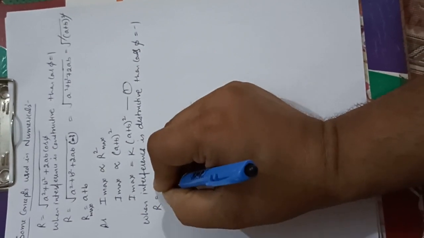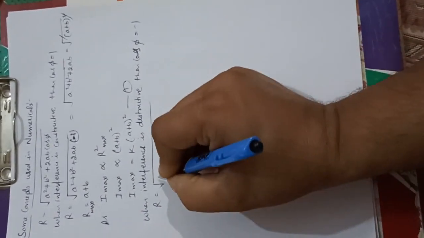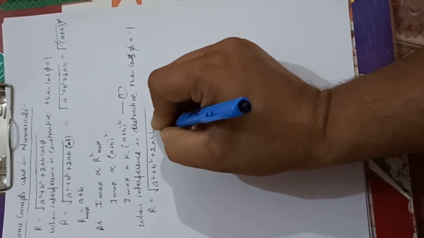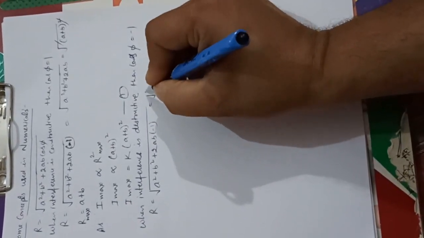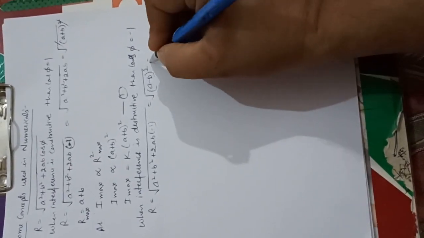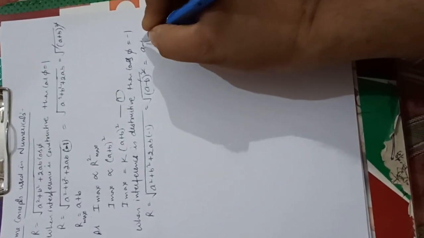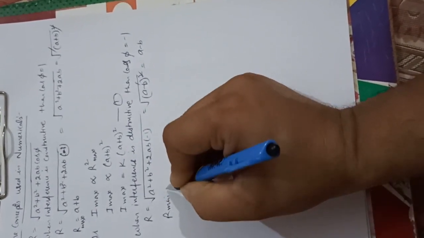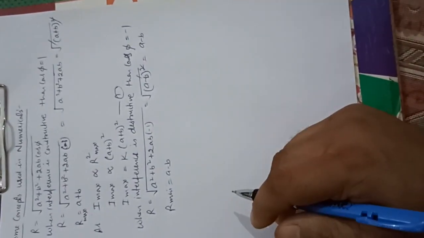So R is equal to square root of a square plus b square plus 2ab into minus 1. So we can write it as (a minus b) whole square under the root. So this is equal to a minus b. So R minimum is equal to a minus b.